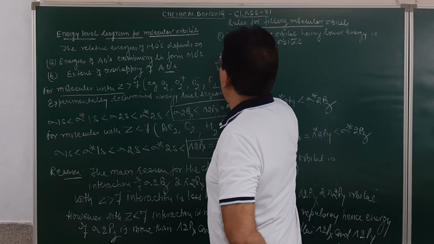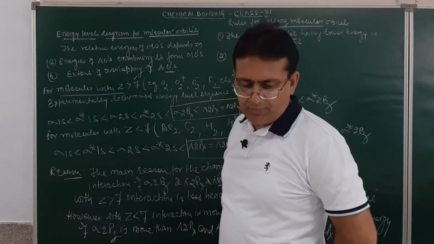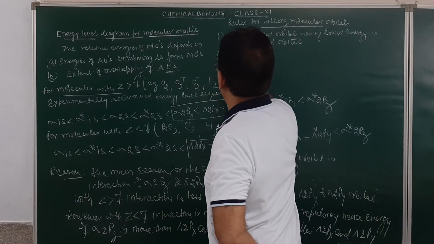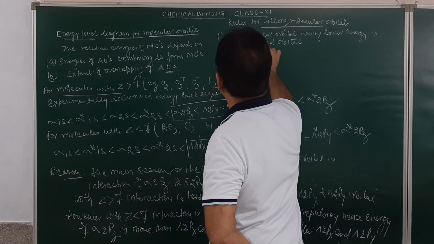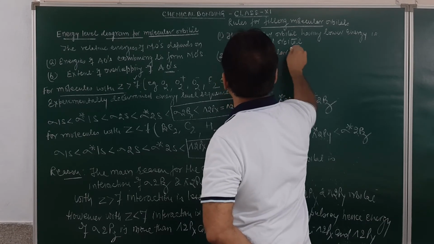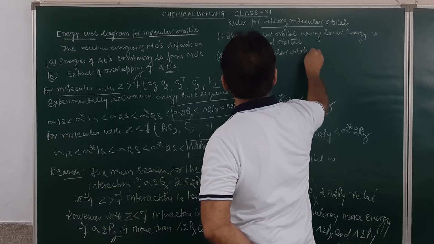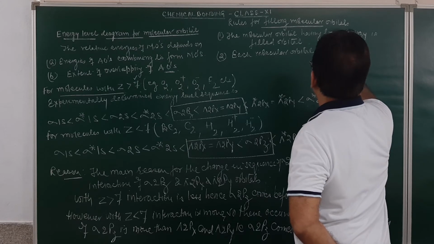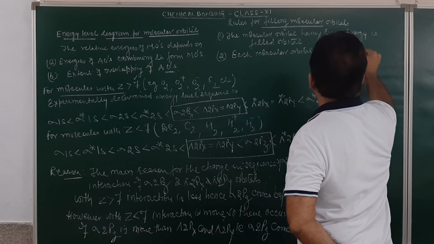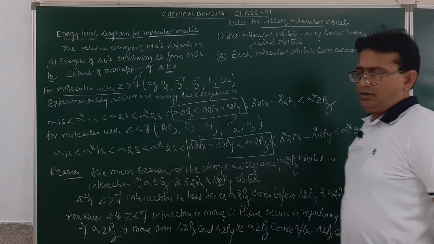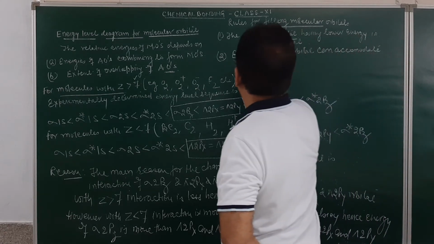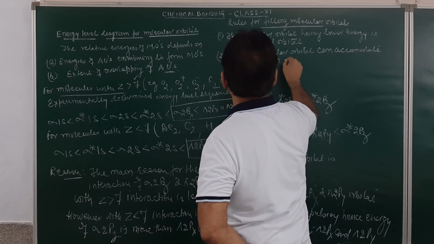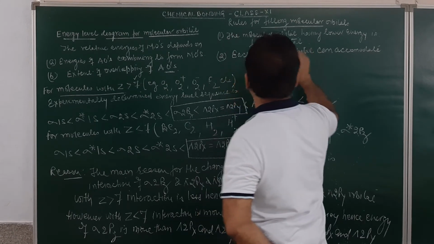Second, each molecular orbital can accommodate a maximum of 2 electrons.